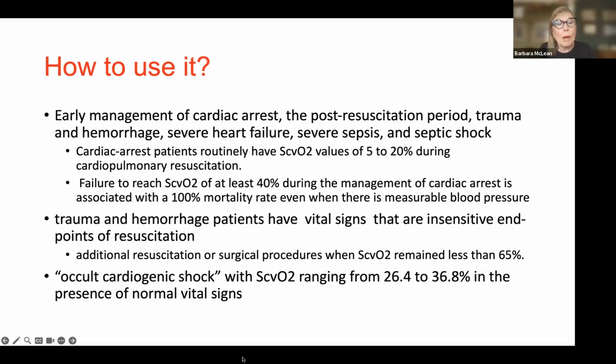Okay, so how do I use ScvO2? To help me appreciate whether my resuscitation is adequate or not, and to guide me whether or not I need more resuscitation. Resuscitation of cardiac output, which would be volume and inotrope, and oxygen carrying capacity, hemoglobin. So those are the only three things. Vasopressors resuscitate your vascular tone. They don't do anything about any of the others. And in fact, aggressive vasopressors typically make your base deficit worse.